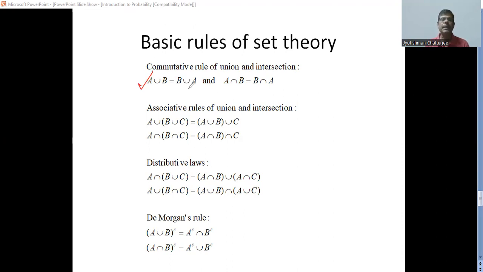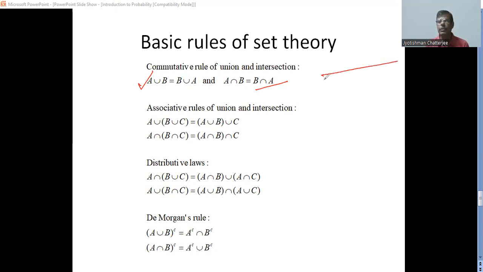They both represent the set which includes all the elements which belong to either A or B. What about this? A intersection B is equal to B intersection A. Actually, both of them indicate the set which includes the elements that are part of both A and B.